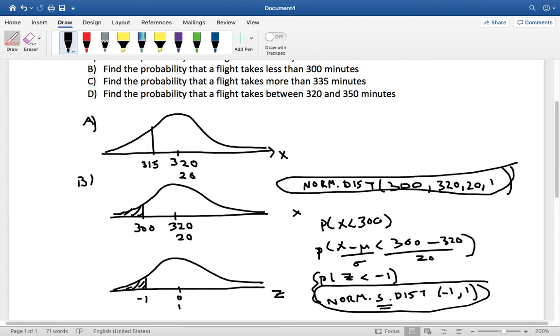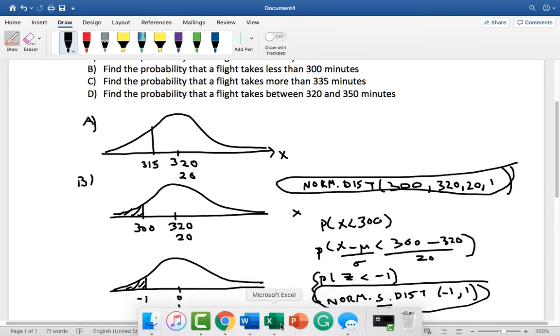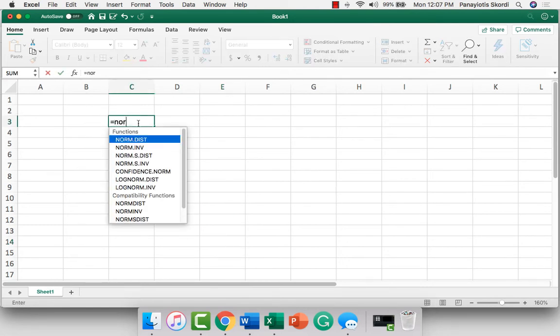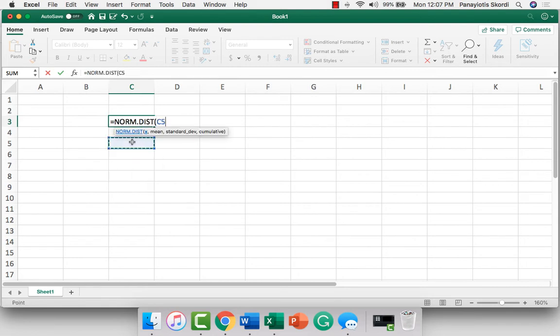So we can actually just pop over to Excel and have it calculate that for us. Let's just do that. The first way of doing it is using just NORM.DIST, and we want to put in there, it was less than 300, so we put the 300.